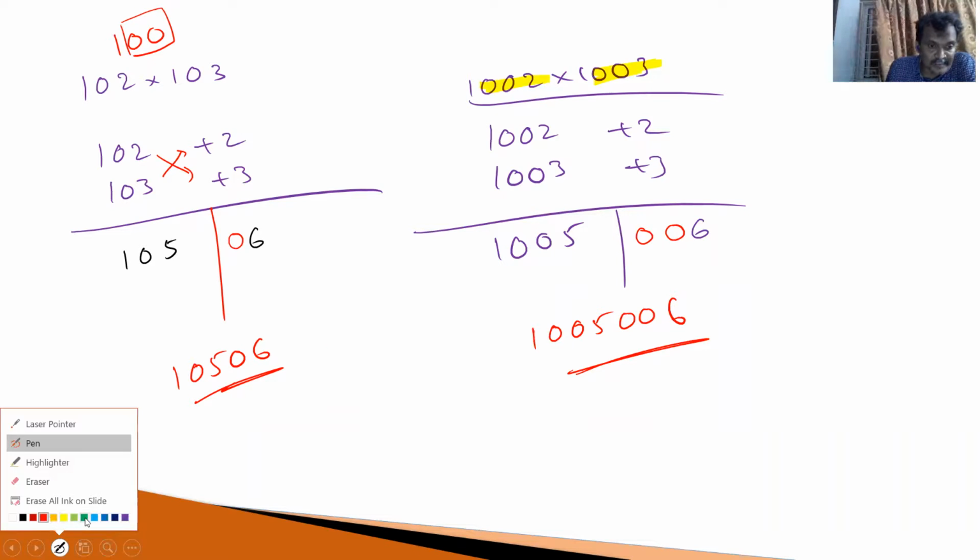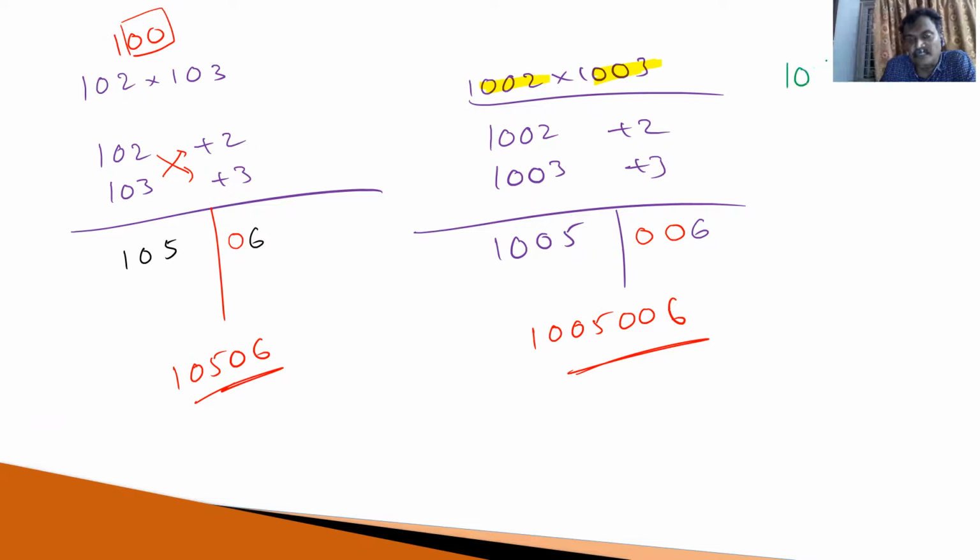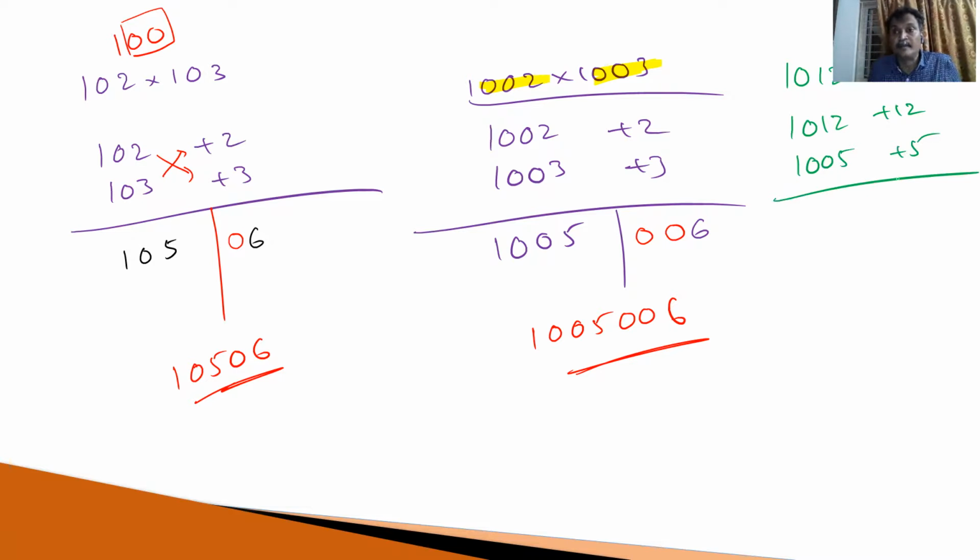Suppose one more example. What is 1012 into 1005? Let us do it. What is the base? The base is equal to 1000. So 1012 plus 12, 1005 plus 5. Now, what is the left hand side? 1012 plus 5 is 1017. 12 times 5 is equal to 60, right?